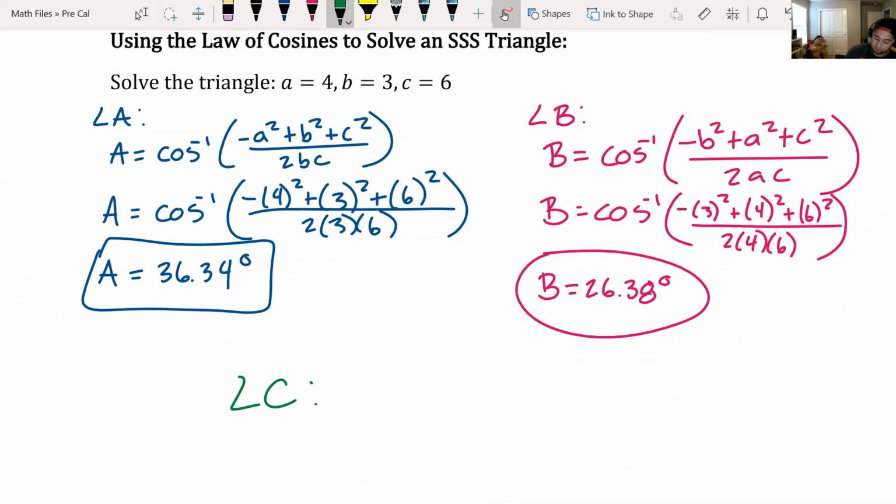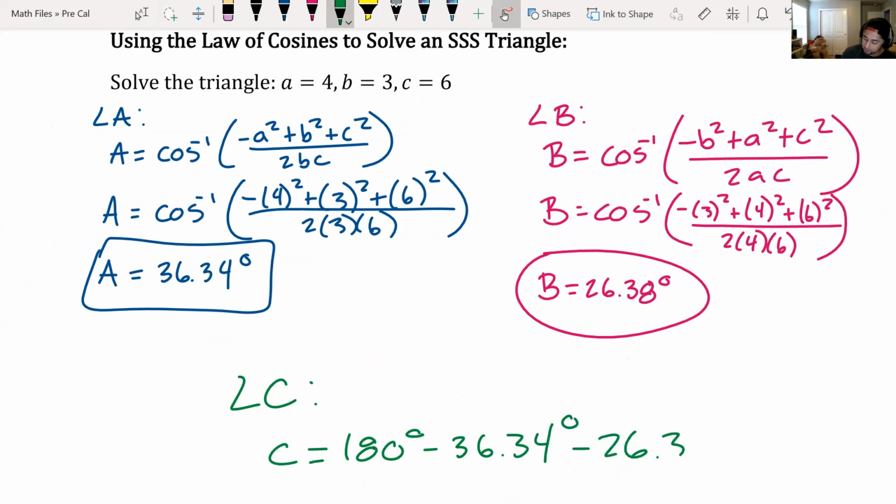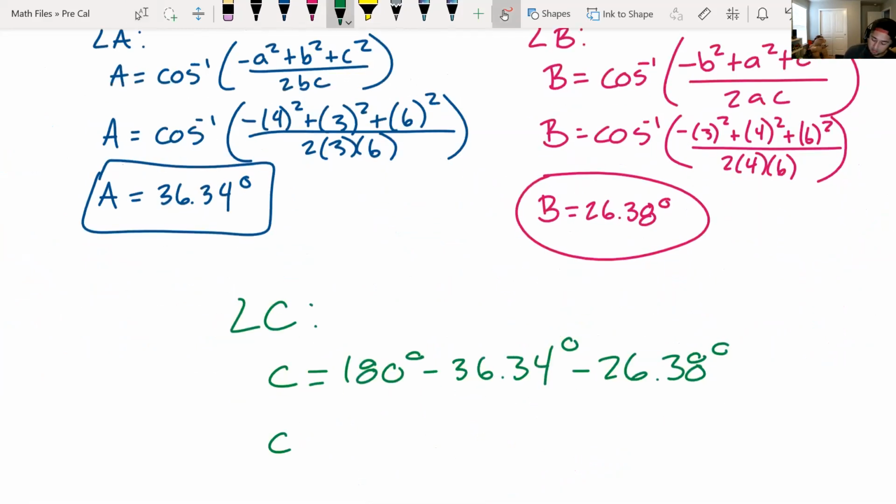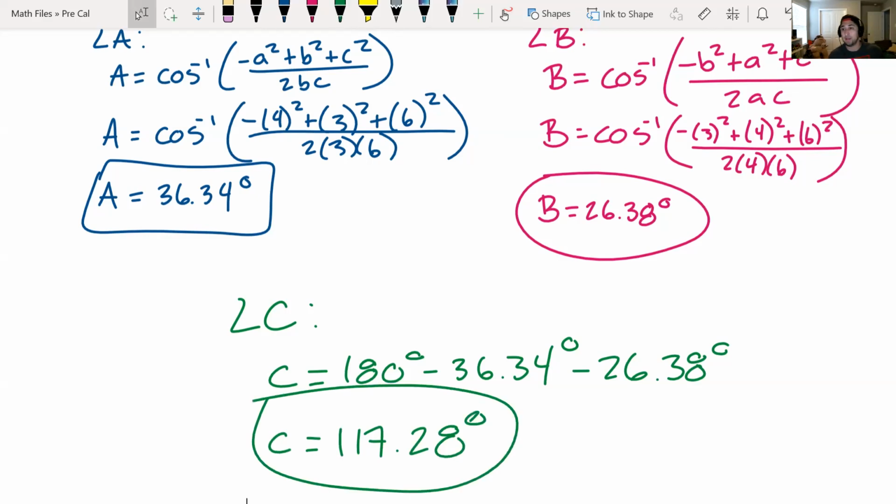For angle C, C is 180 minus 36.34 minus 26.38. We get that C is 117.28 degrees. Bam.